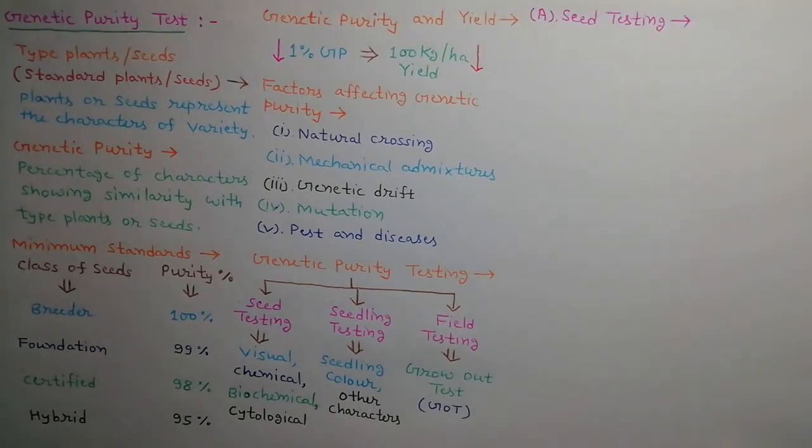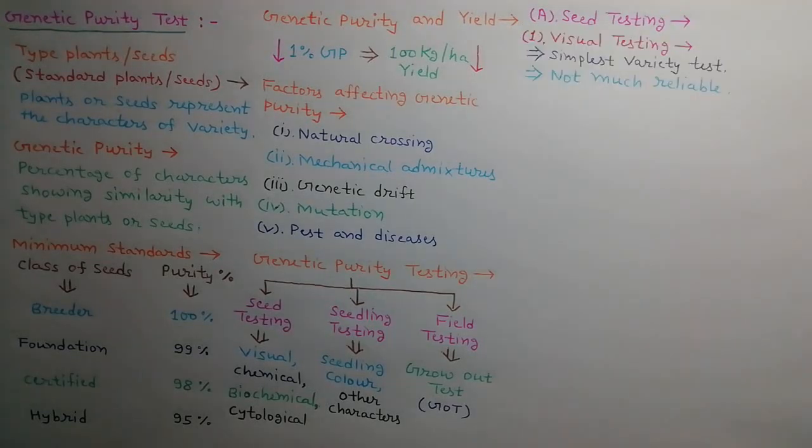First of all, we will discuss different tests related to seed. Visual observation of the seeds is the simplest variety test. It is usually used in combination with other tests as it is not much reliable.